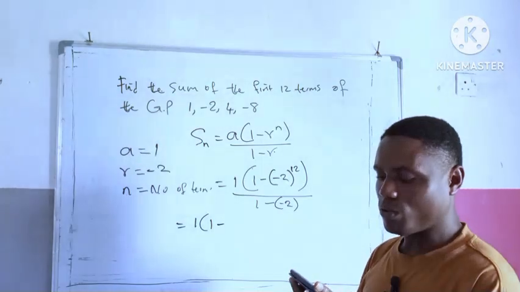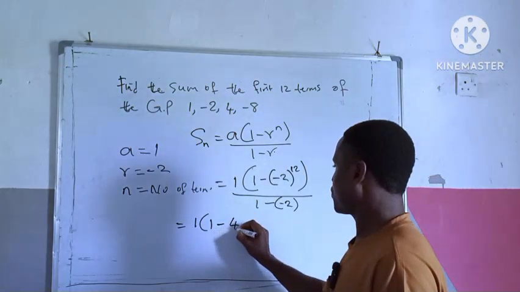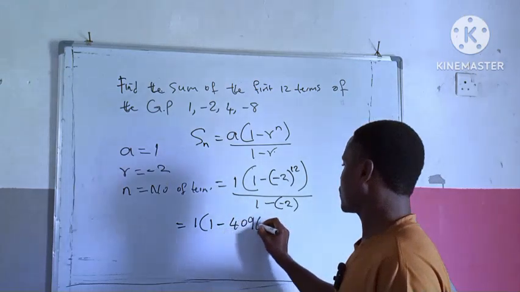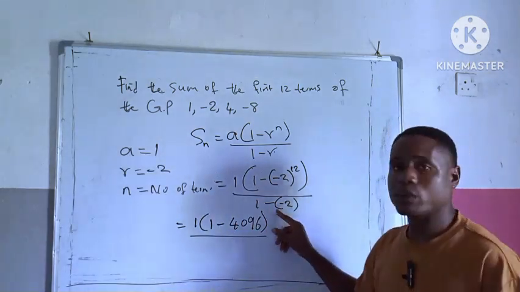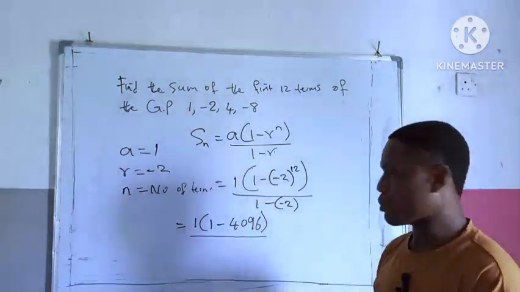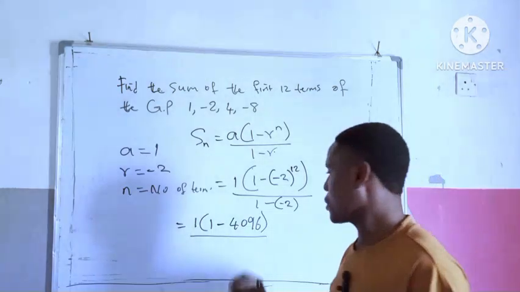I have 4096, all over. Once you open the bracket, minus times minus is plus, so we'll have 1 plus 2, which is 3.